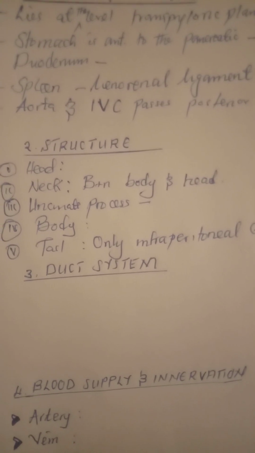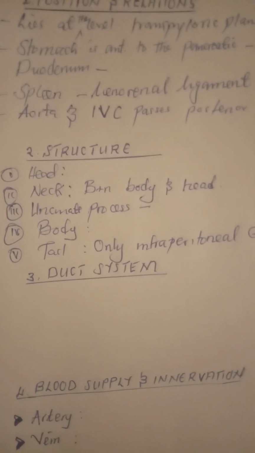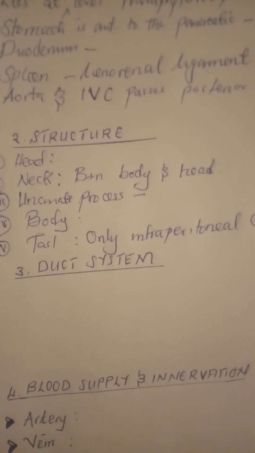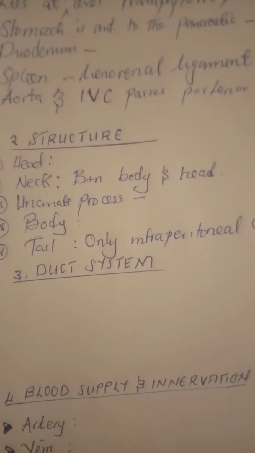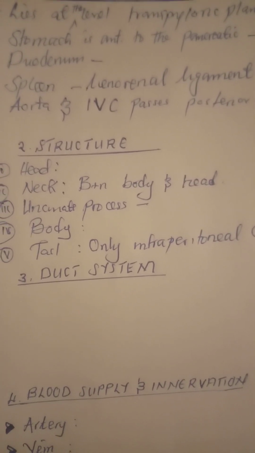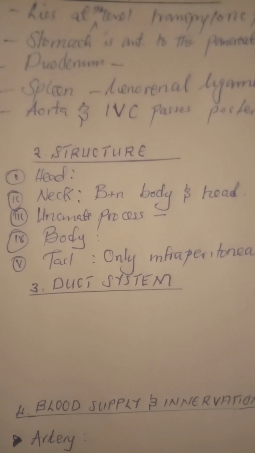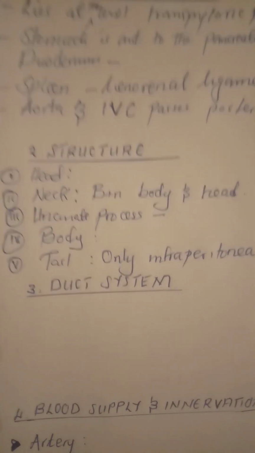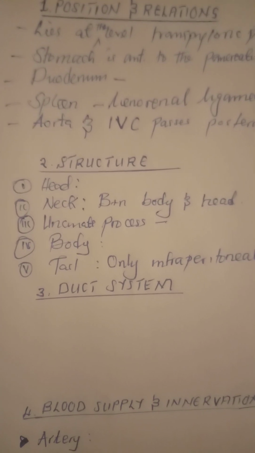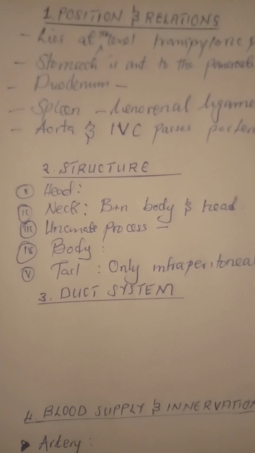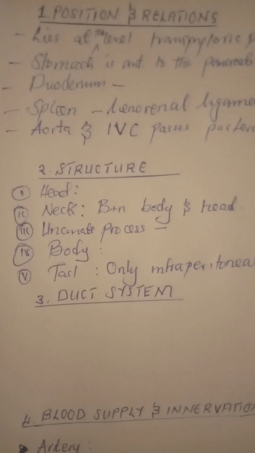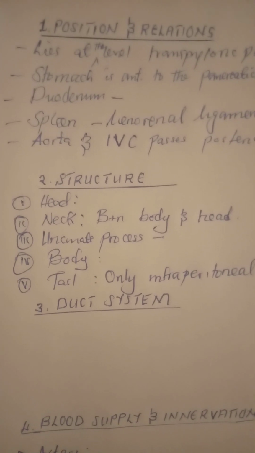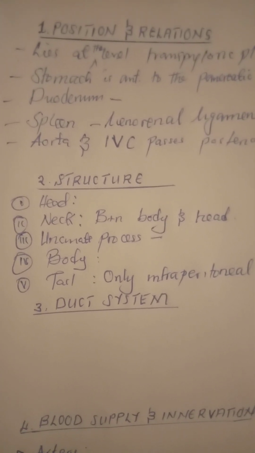Here we are talking about the pancreas being classified as a serous gland composed of acinar cells, and we already talked about acinar cells. If you didn't watch the previous video, I advise you to watch the video on the histology of the pancreas, as that will help your understanding of the duct system.